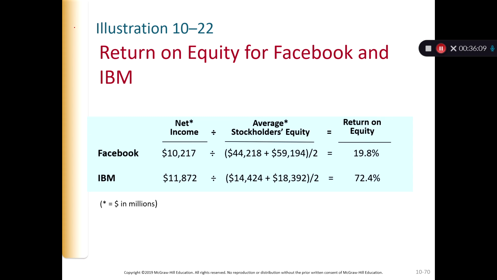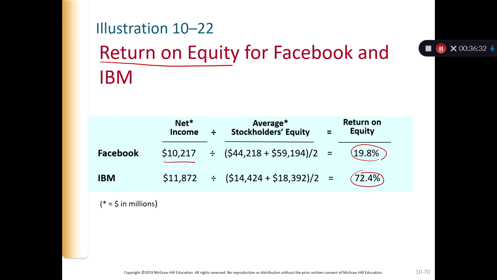So in order to calculate return on equity, we use net income divided by average stockholder equity. We got Facebook at 19.8 and IBM at 72.4. So that means Facebook has a return on equity of 19.8% compared to 17.4% for IBM.